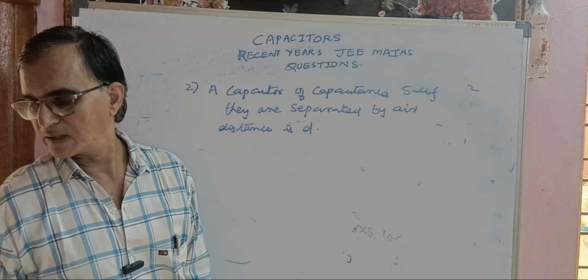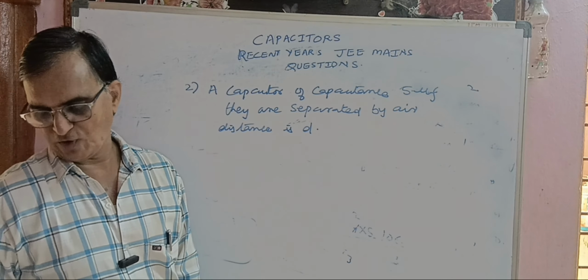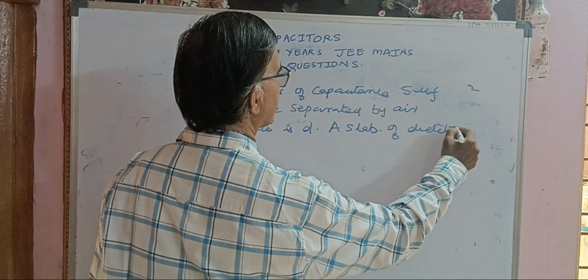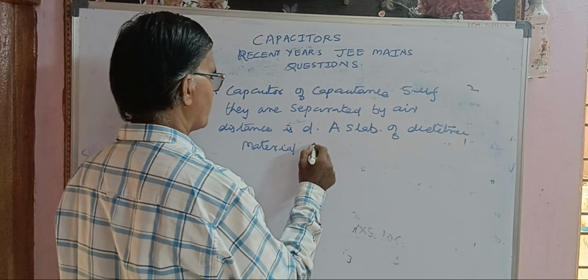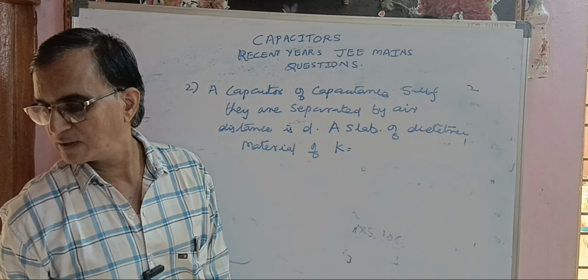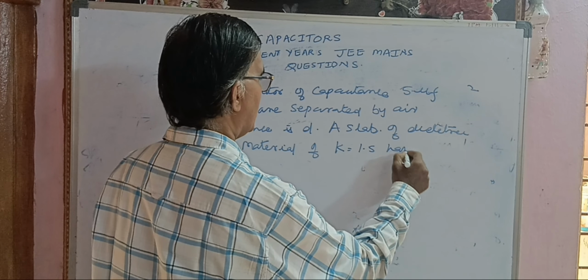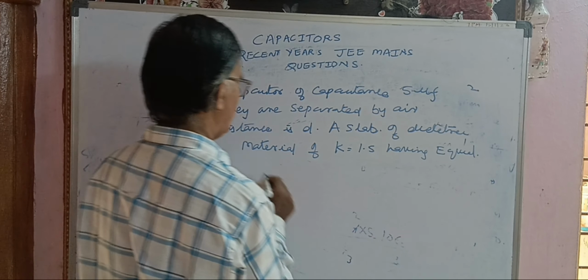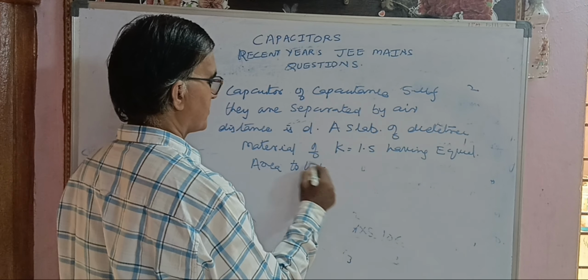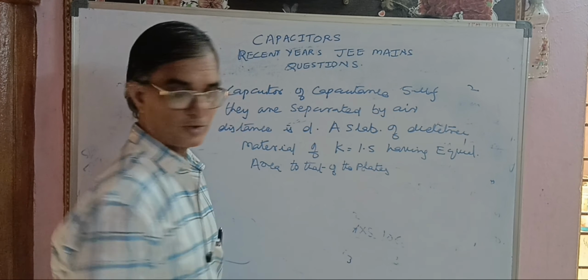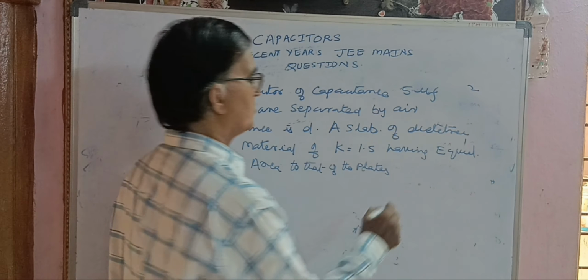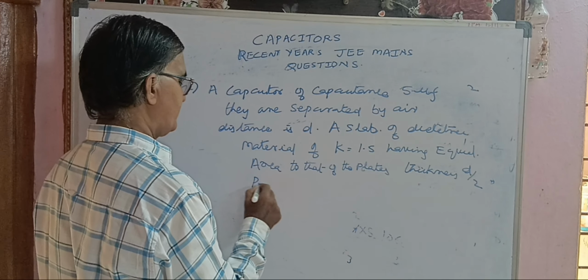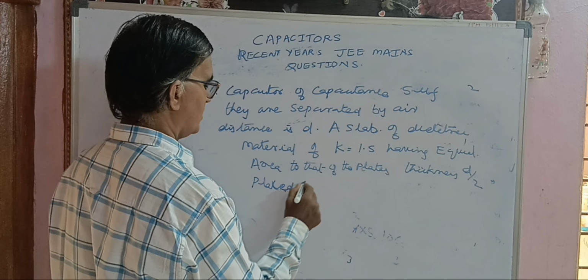A slab of dielectric material of dielectric constant 1.5, having equal area to that of the plates, and thickness is d by 2, placed between the plates.